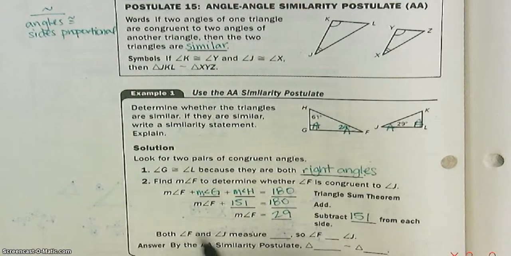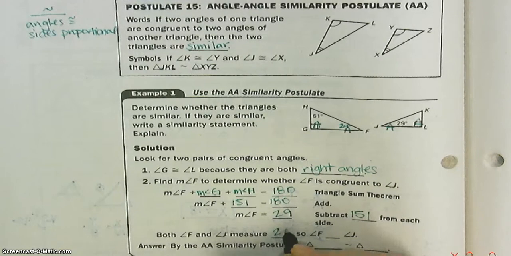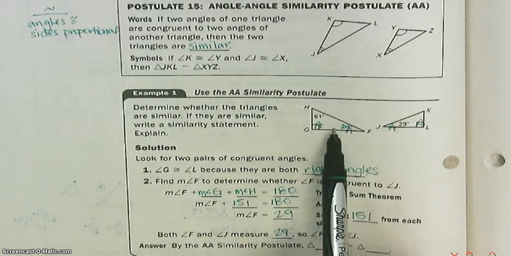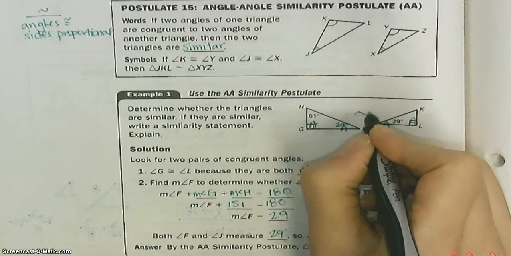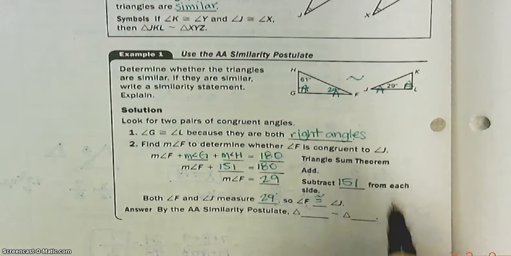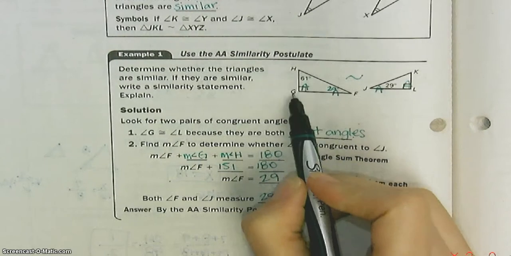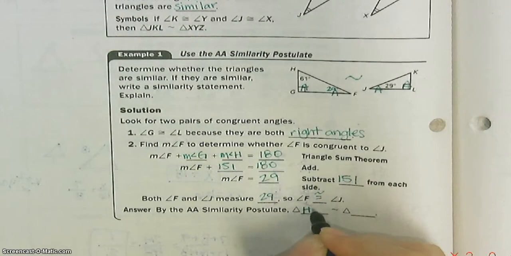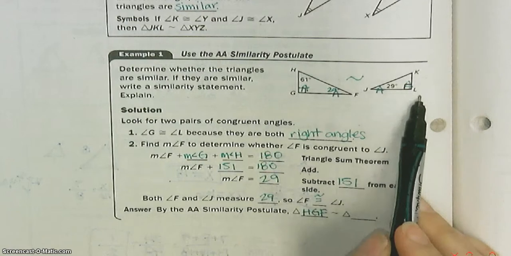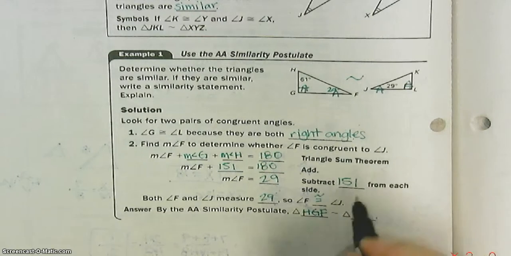So both F and J measure 29 degrees, so they're congruent. So we just used angle angle. These triangles are similar to each other. Triangle HGF is similar to triangle KLJ.